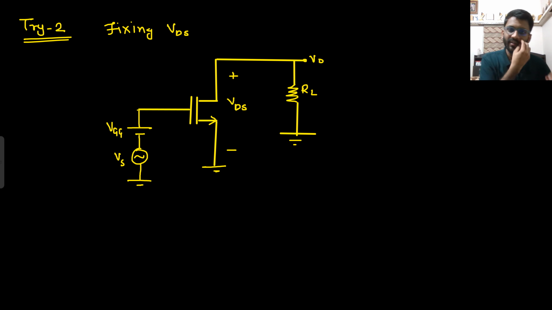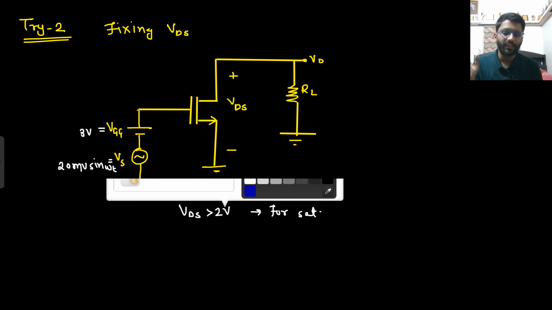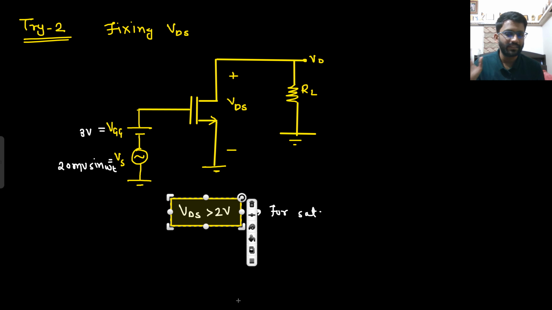So now we have to make another try. I know one thing: my VGG is 3 volt only, my Vs is 20 millivolt sin omega t, right? So what VDS do I need? VDS should be greater than 2 volt for saturation region. This I know.